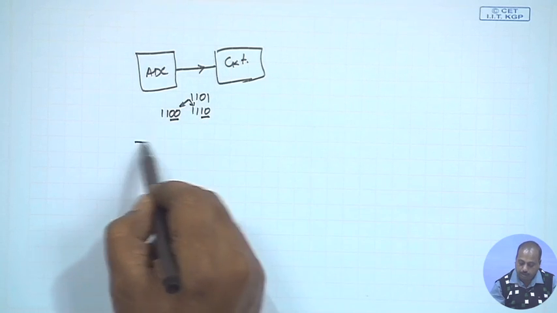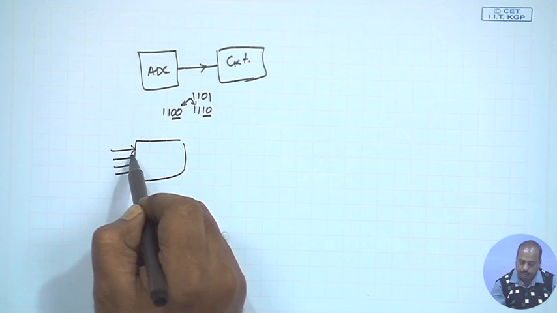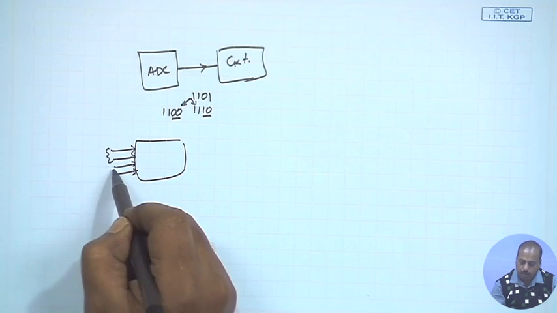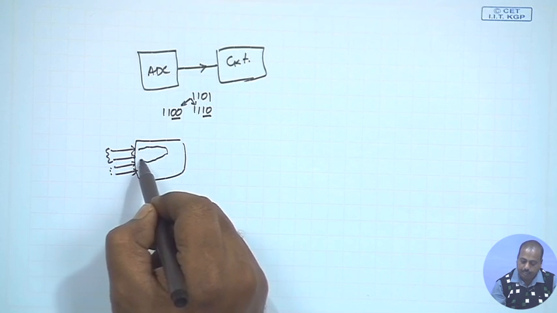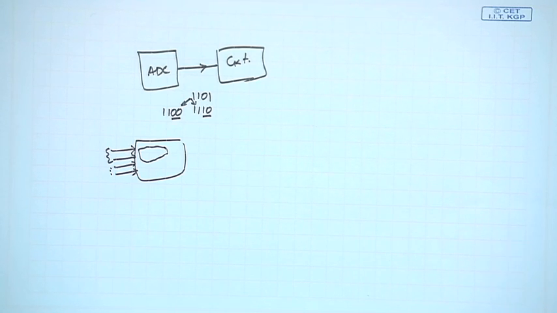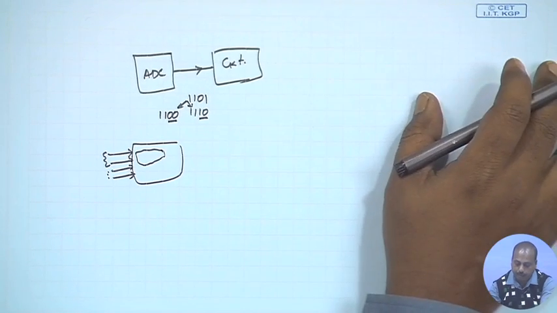Now this is a circuit where these 4 bits are coming from the ADC as input. If these 2 bits do not change their values and only these 2 bits change, then a large part of the gates in this circuit will not switch. And we know that in CMOS technology, power is consumed only when switching occurs. This is due to dynamic power.